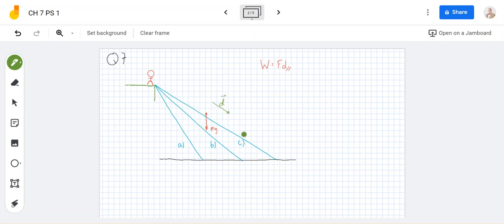So I think the easiest thing is to notice that all three of these are going to have the same force vector. And if they all have the same force vector, how do we figure out what's going on here? Let's do the force vector first.